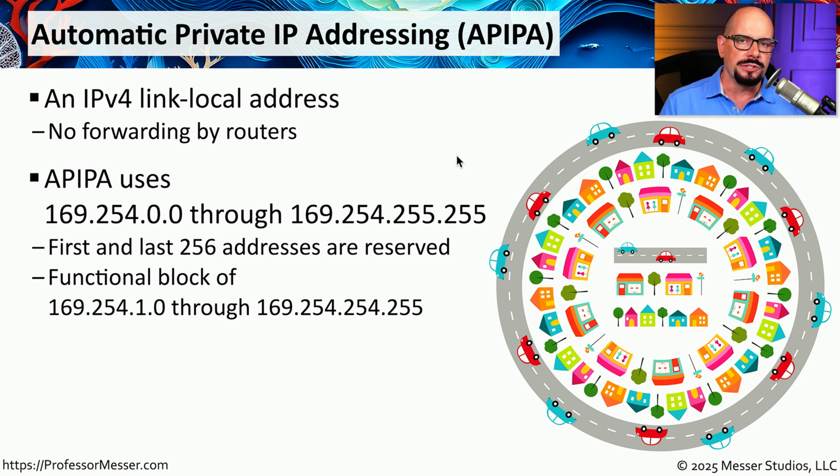The APIPA standard sets a block of addresses that could possibly be used for this link local address. This is a very large range. It ranges between 169.254.0.0 through 169.254.255.255. This standard also reserves the first 256 addresses and the last 256 addresses, which means the IP address that you'll receive on your device via APIPA will be 169.254.1.0 through 169.254.254.255.